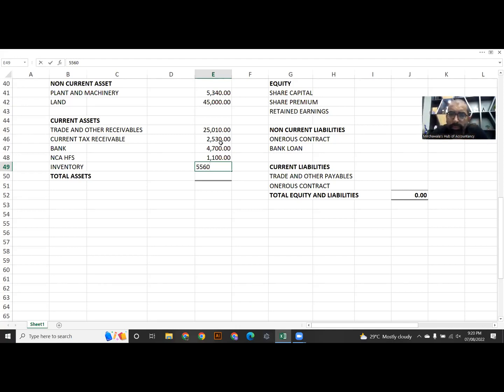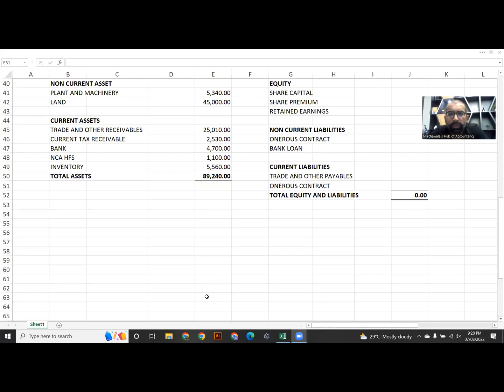Now go and calculate all this. 89240 is your total assets.